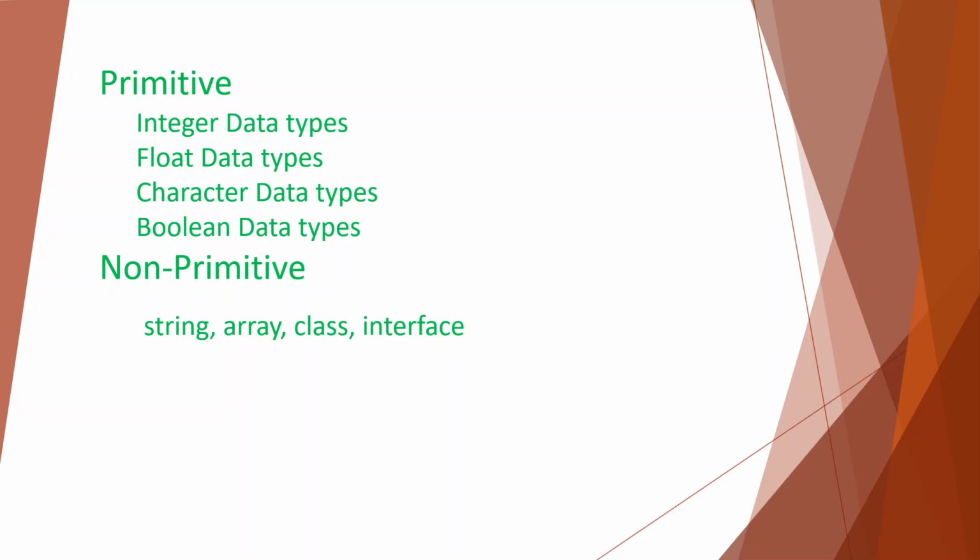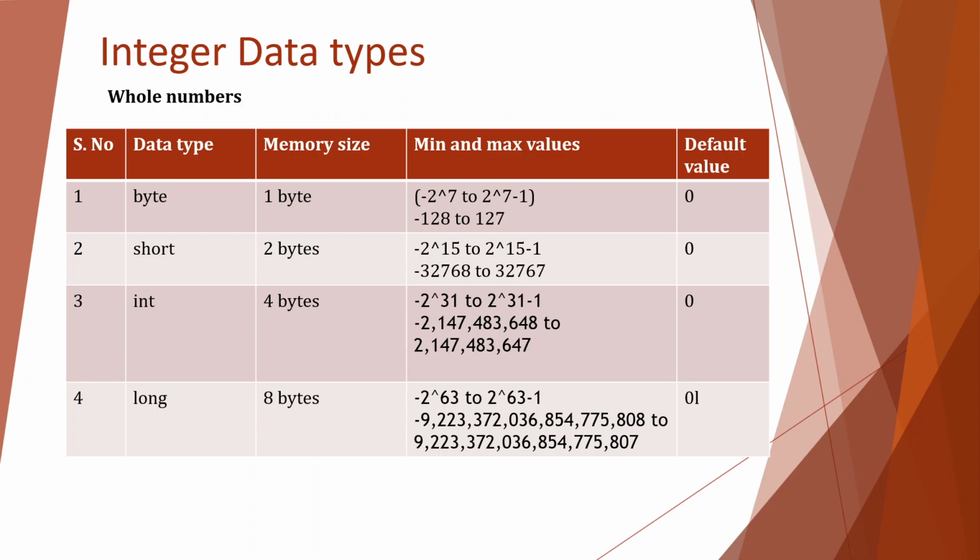So that is the difference between primitive and non-primitive data types. Let us start with the primitive data types. The first one is integer data types. An integer data type is used to store whole numbers. Whole numbers means they will not have any fractional part or decimal point. It is just a normal number.